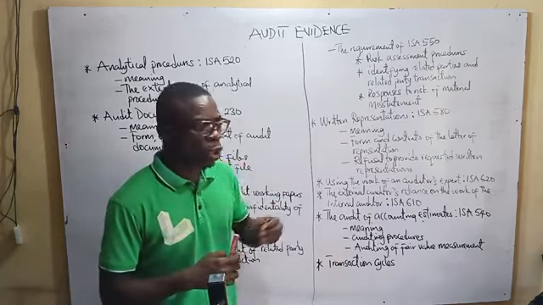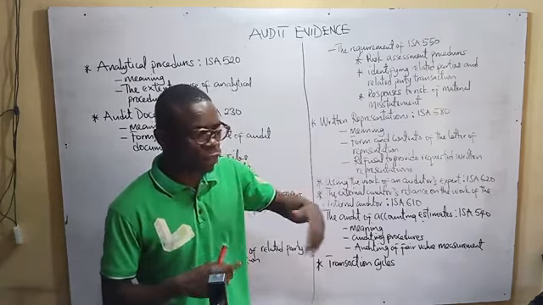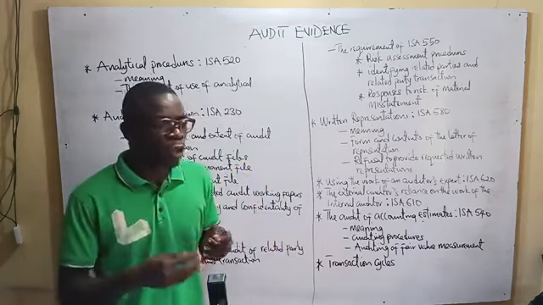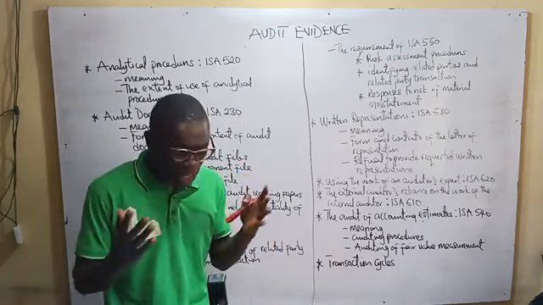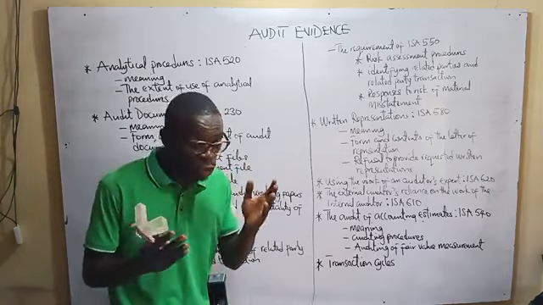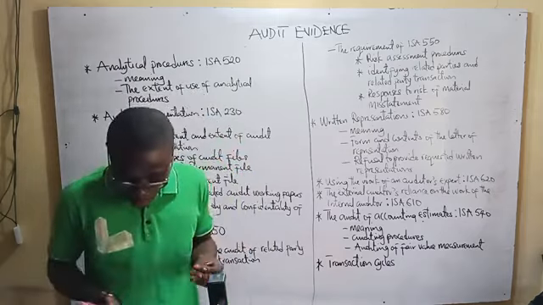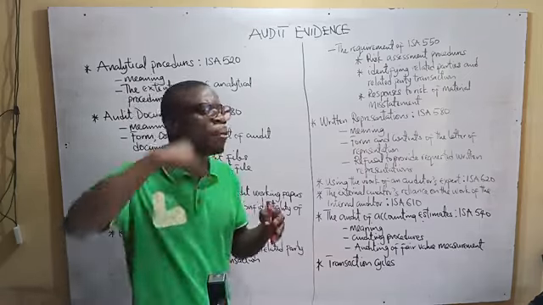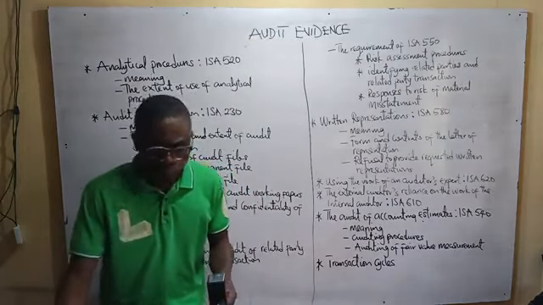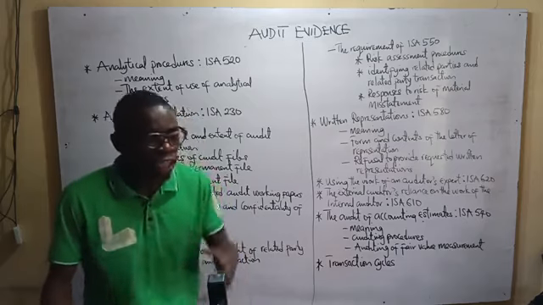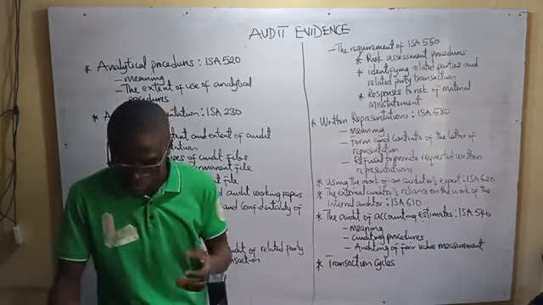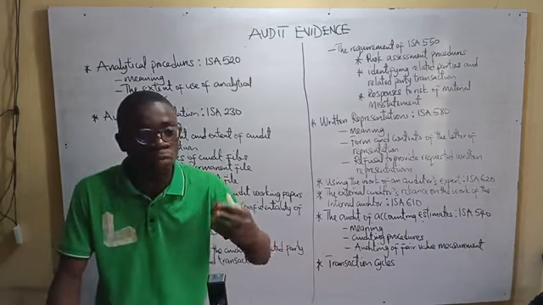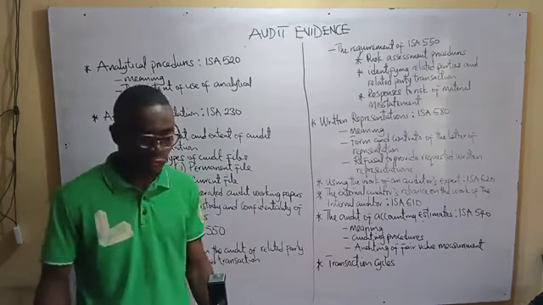From the trend I'll be looking at, the revenue has been increasing by 50%. In the current year, I'm expecting that the revenue should increase by 50 to 60%. That is the expectation of the amount that is acceptable. That means if it has now increased above that amount, which I did not expect, I will know the extent to which that item can cause material misstatement in the financial statement.